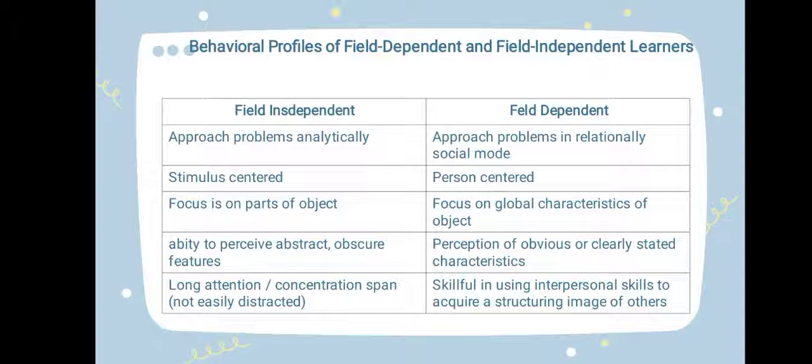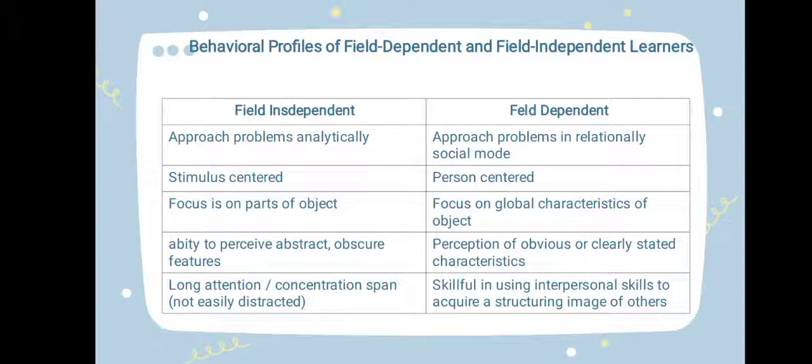The first, field independent learners approach problems analytically, and field dependent learners approach problems in a rationally social mode. Then stimulus: field independent is impersonal, and field dependent is person centered. Field independent focuses on one part of an object, but field dependent focuses on the global.